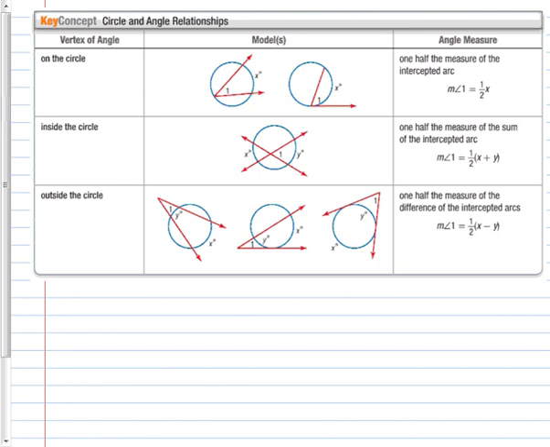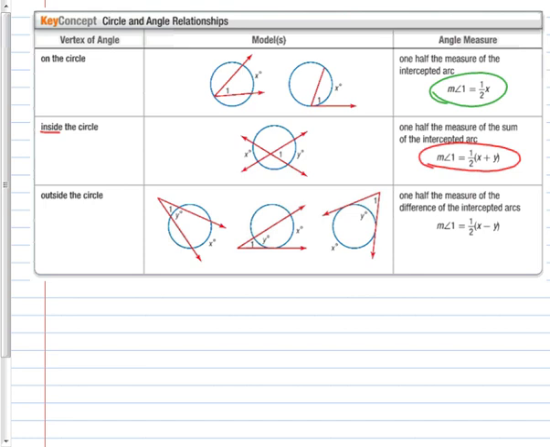Beautiful. Here is the summary of what we know about angles. On a circle, an inscribed angle or an angle formed by a secant and a tangent both measure 1/2 that intercepted arc. They're calling the arc X, and later they'll have arc X and Y. If I intersect two secants inside a circle, then we have 1/2 the sum of those intercepted arcs.